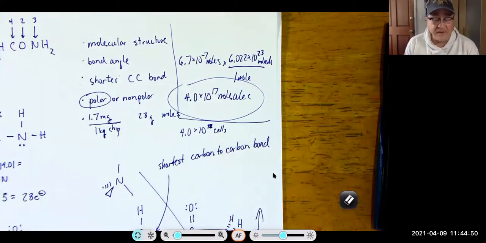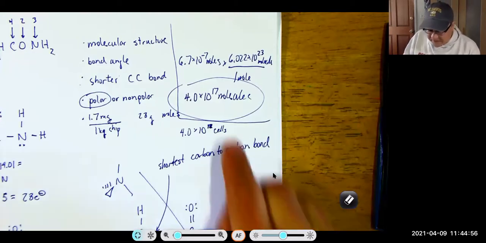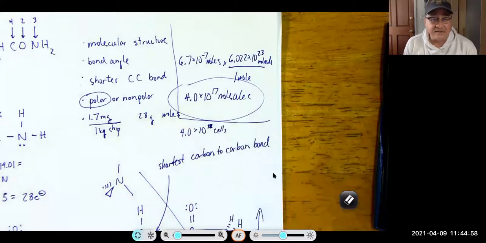I think that's too many, but let's just pretend that, right? That means that you have 10 to the 5 molecules per cell. 10 to the 5 is 10,000. So when you eat that 1 ounce of chips, every one of your cells is getting at least 10,000 acrylamide molecules.